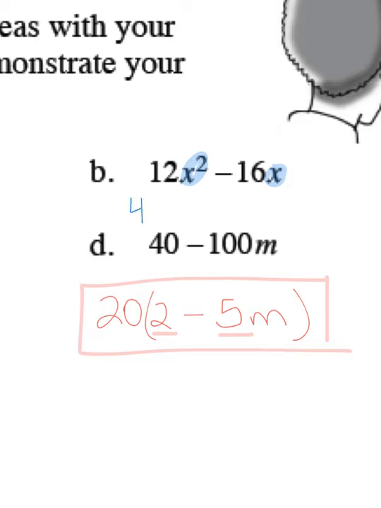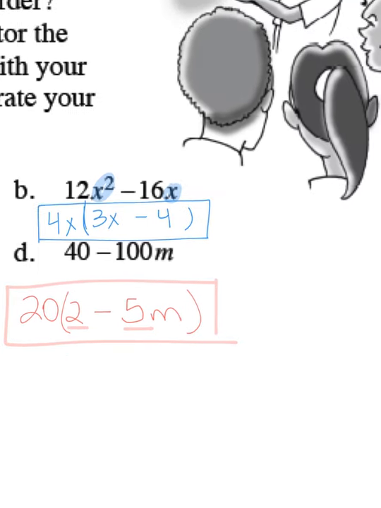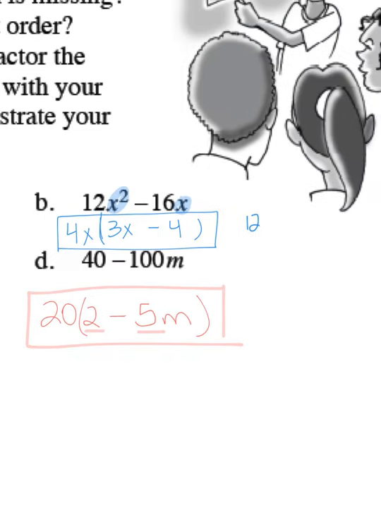So we're going to put a 4x outside the parentheses. 4x would need to be multiplied by 3x to get 12x squared, and 4x would need to be multiplied by negative 4 to make 16x. This is our final answer. You could have also done 12x squared minus 16x plus 0, taken out the common factor of 4, and done the diamond and rectangle. You would get the same answer.